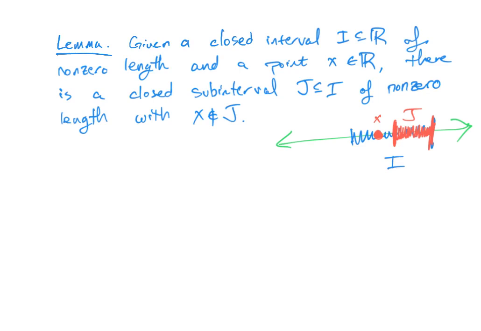I hope it's pretty clear that this lemma should be true, but I hope it's also clear that this lemma requires proof. Okay. So let's prove it. I'm going to say that it suffices to prove the lemma for bounded intervals.